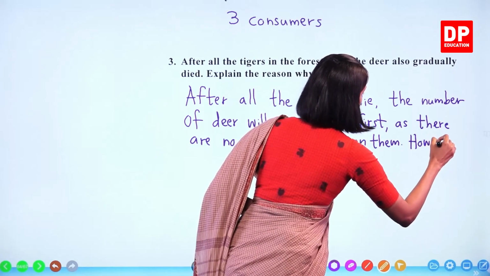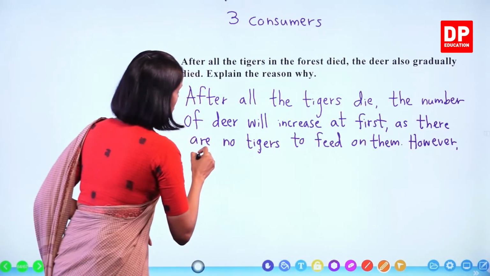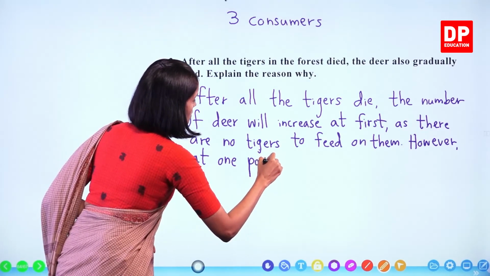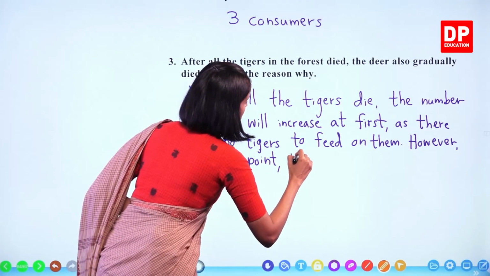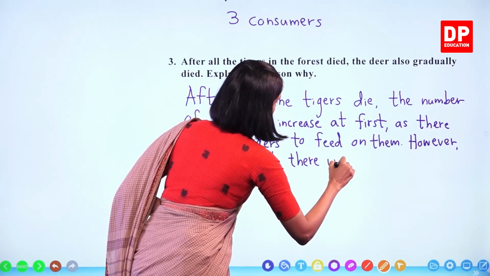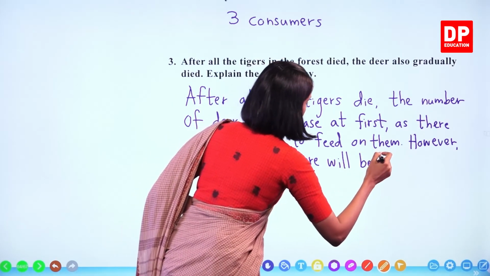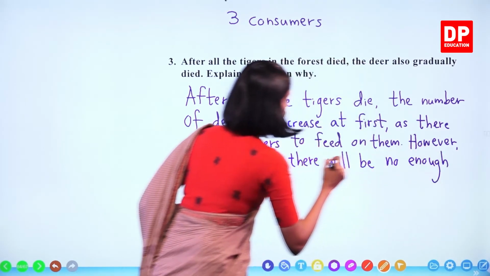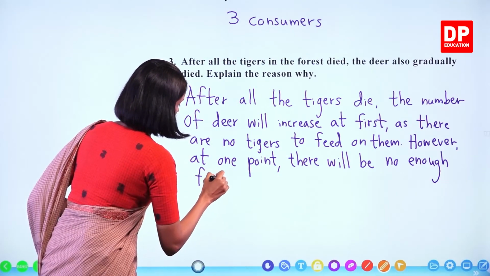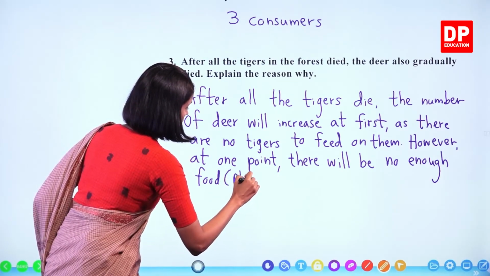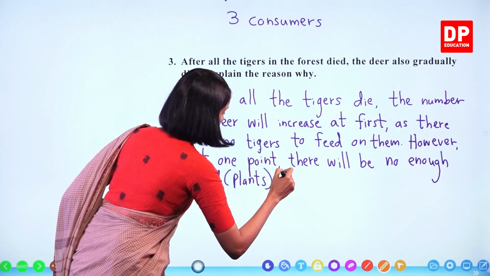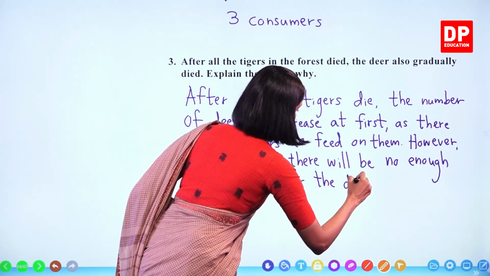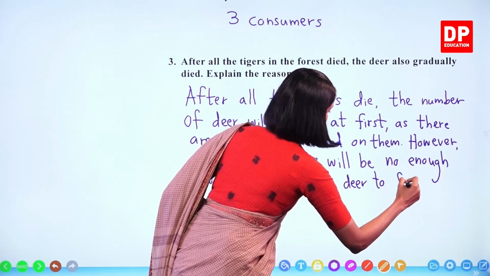However, at one point, there will be not enough food or plants for the deer to feed on.